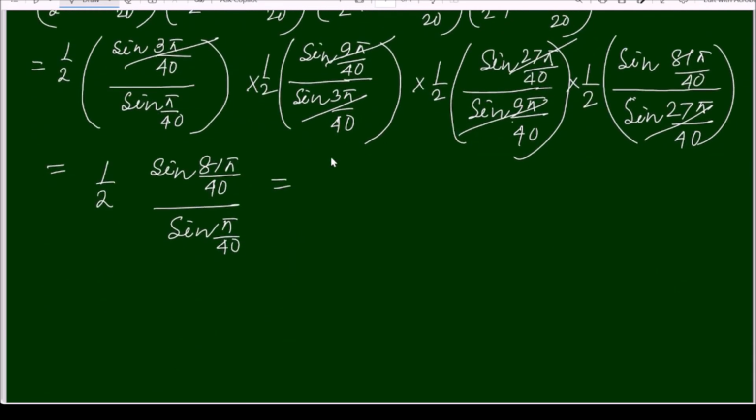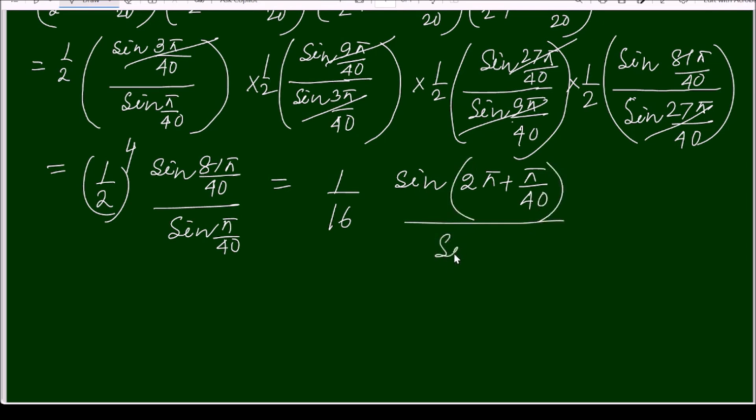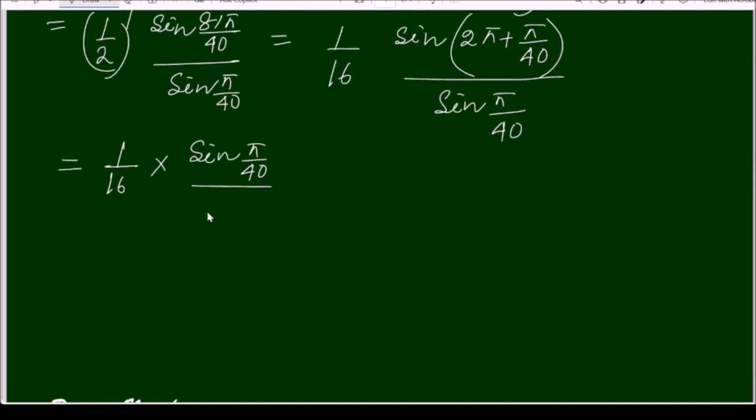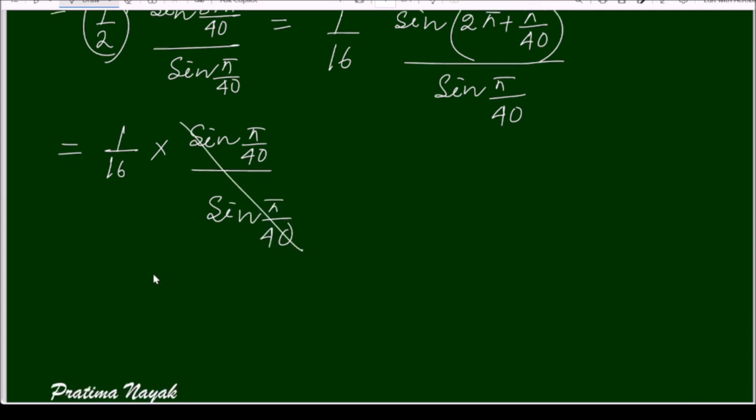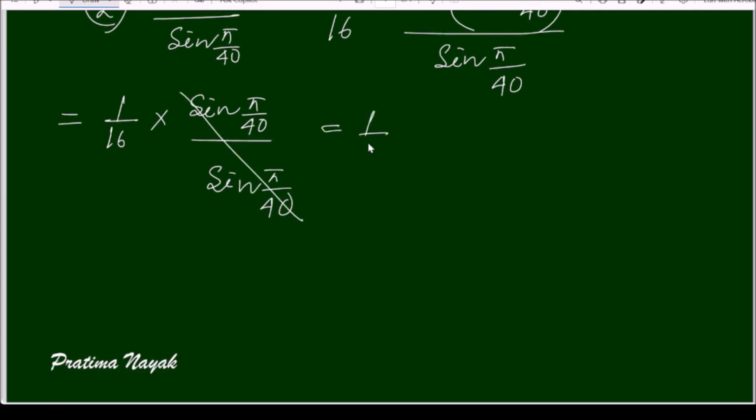Also, when you multiply the halves, you get 4 times, so this will be 1 by 16 into sin 81 pi by 40, which can be written as 2 pi plus pi by 40. Sin of 2 pi plus theta is the same as sin theta. So this is equal to 1 by 16 into sin pi by 40 over sin pi by 40. They cancel, so the answer is 1 by 16.